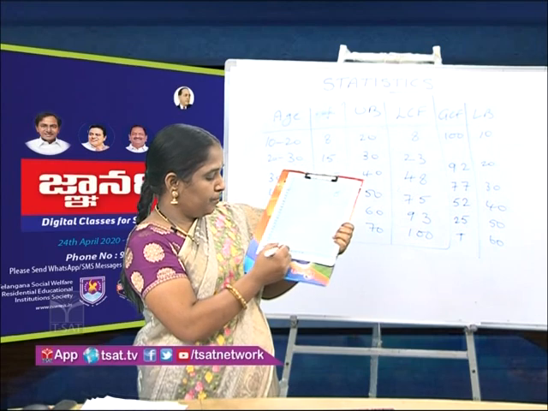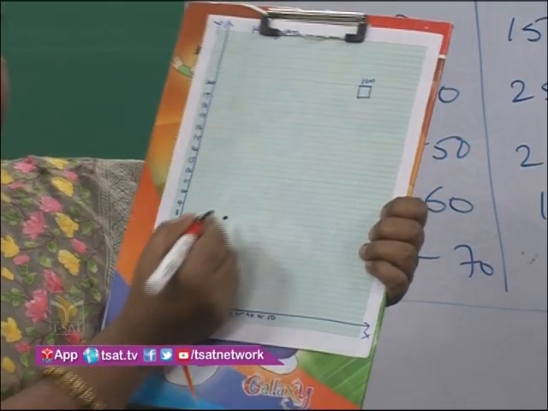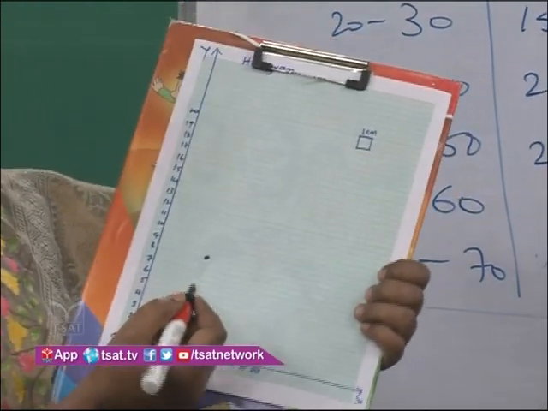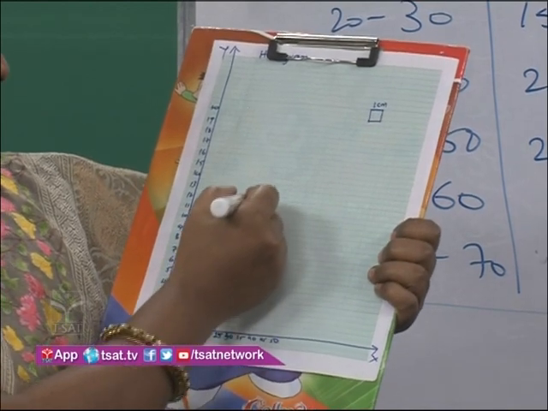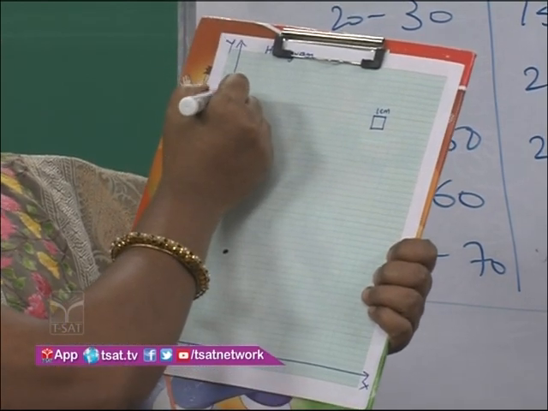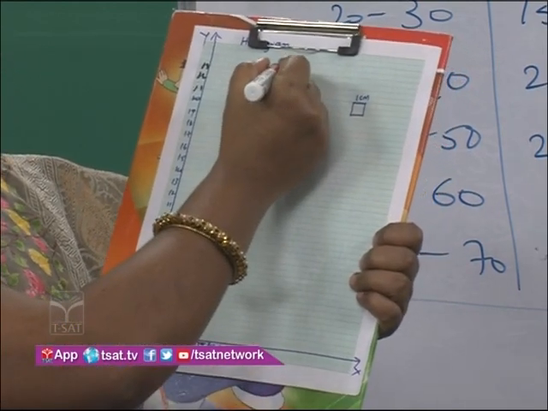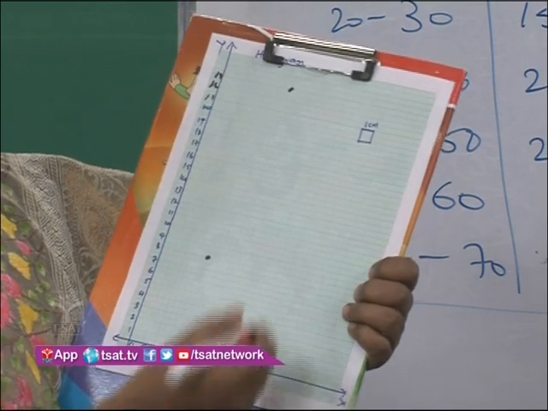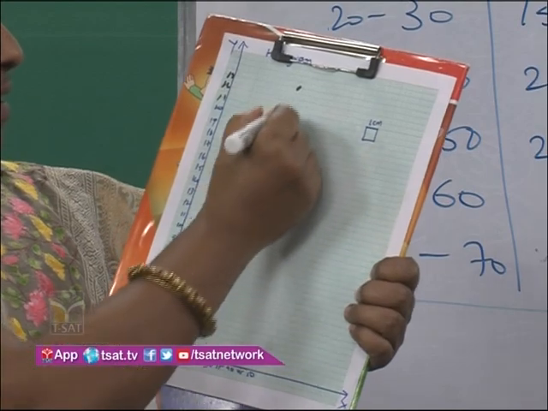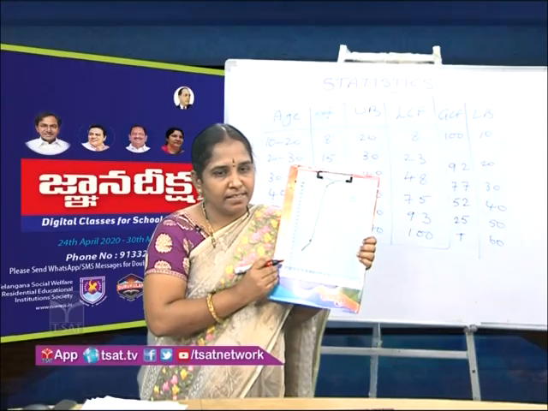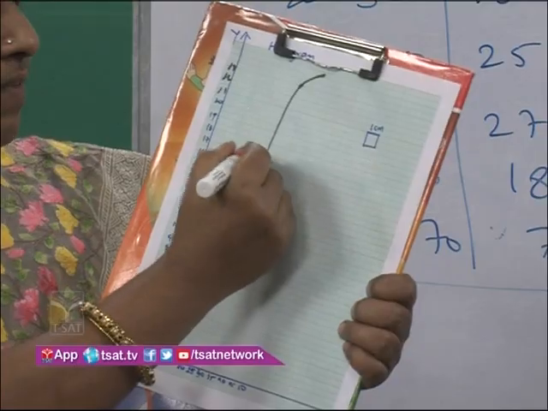So opposite to 20 and 8, you need to put a point like this, and 30 and 23, right? So opposite to 30 and 23, somewhere here 21, 22, 23, here you will get 30 and 23, you have to mark a point, and other values like this, and join with free hand, you will get a curve like this. So this is LCF, less than cumulative frequency curve.